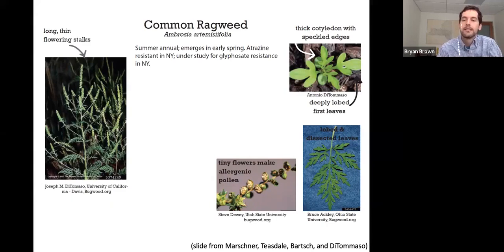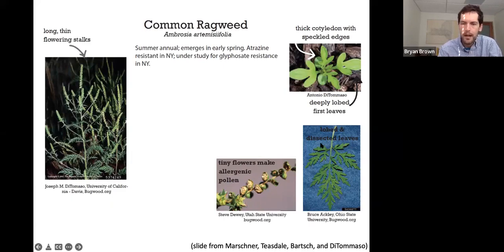And some of the key characteristics of common ragweed are this really finely dissected leaf in the bottom left there. That's one leaf, and it has all these deep lobes and different parts to it. You might think there's 100 different leaves there, but it's just one.